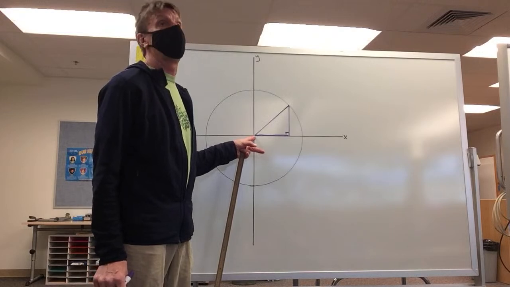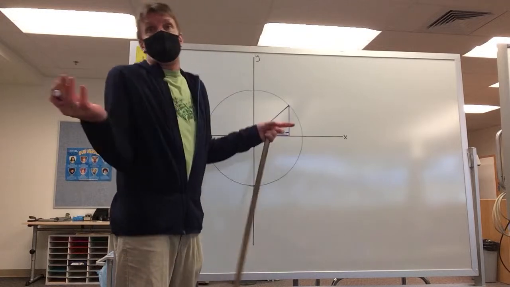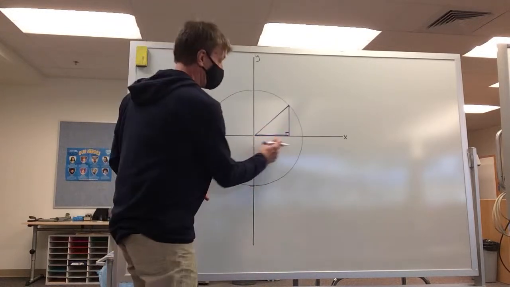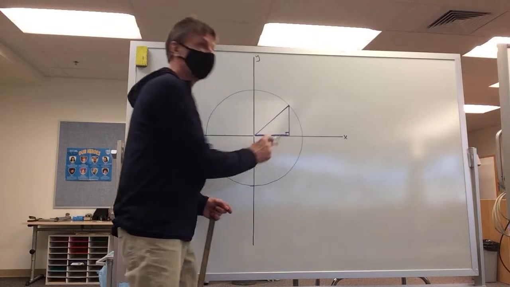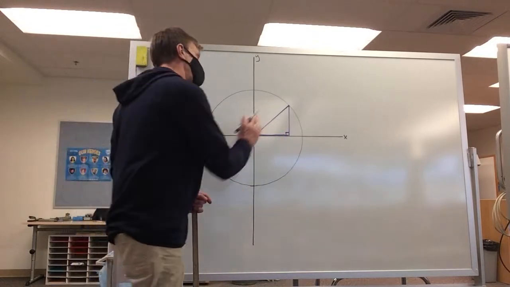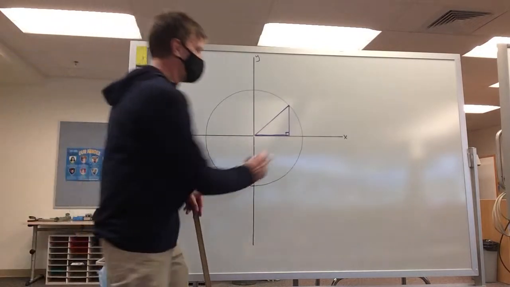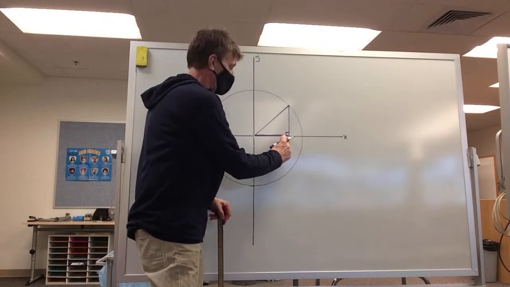Oh, 0. And this point out here is something. Let's say it was 10. Then how long is this? 10. 10 subtract 0, right? So conveniently located, the triangle is such that if this point out here was 10, the length is 10.